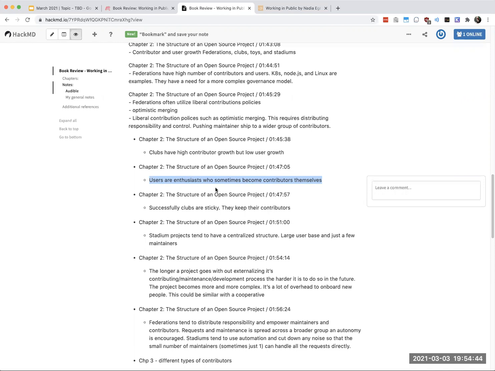Maybe they contribute documentation, maybe they talk with other users on websites like Stack Overflow and answer questions, and maybe they end up writing code themselves. In clubs, it can move pretty quickly into becoming developers because they're so tight in the feedback loop. So it's interesting seeing that.